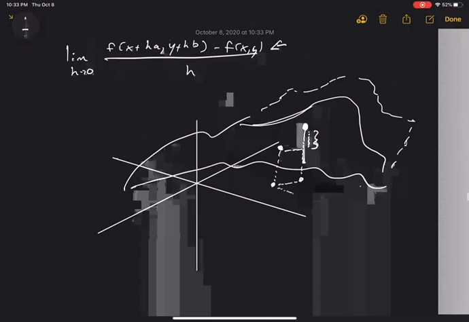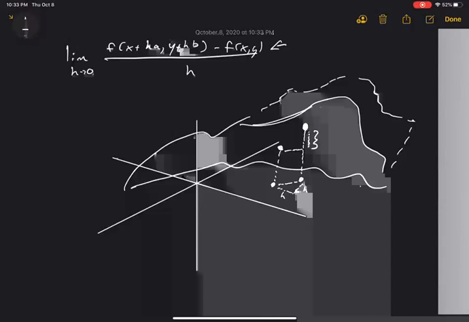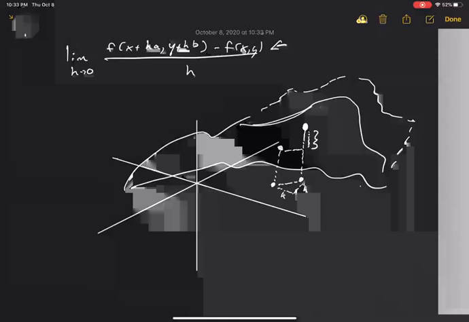I'm moving h units in this direction, h units in this direction. Well, that's not quite true. I'm moving in the direction of my vector u, which has the components a, b.